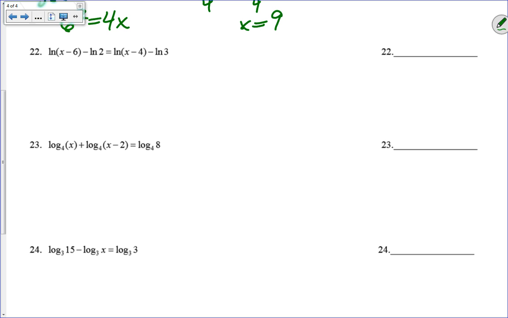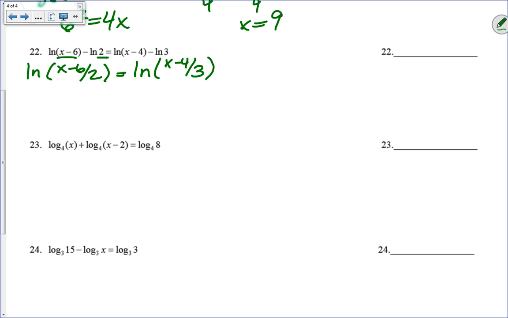We want to get them down to one. So it's going to be a natural log of what? So we're subtracting in between. So if we are subtracting, we want to combine in one with what operation? Division, right? So we're going to take the first and divide by the second. X minus 6 over 2. What's the right side? ln of what? X minus 4 divided by 3.